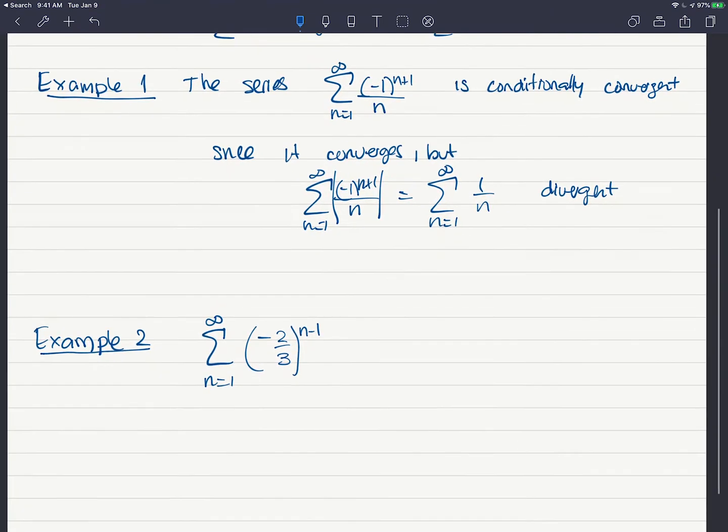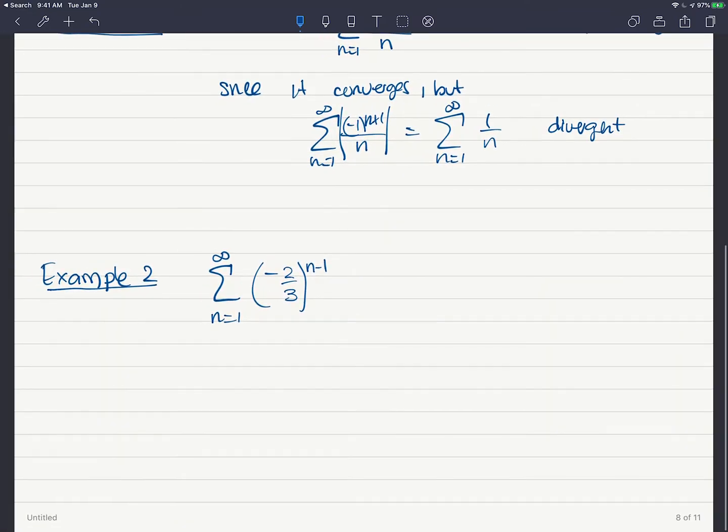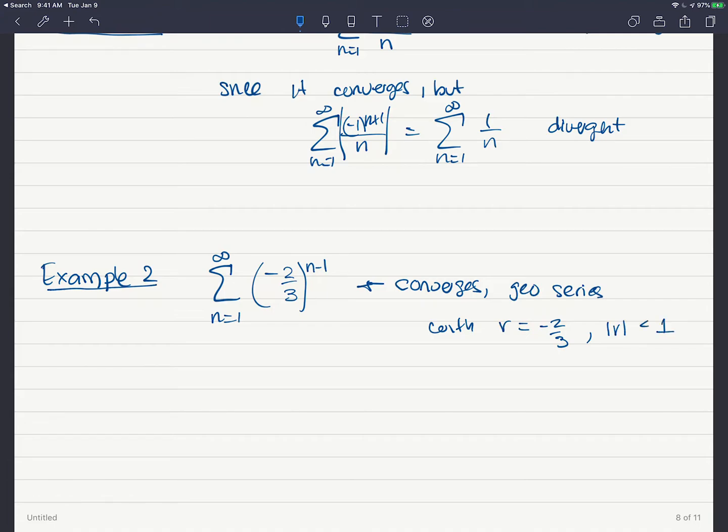Okay, we have examples where it doesn't happen, right? This one both will converge, because this one converges absolutely: it converges as it is, and if you put absolute values around it, it will still be a geometric series. So this one is a geometric series with r equals -2/3, but the absolute value of r is less than 1. That's all we need for a geometric series to converge.